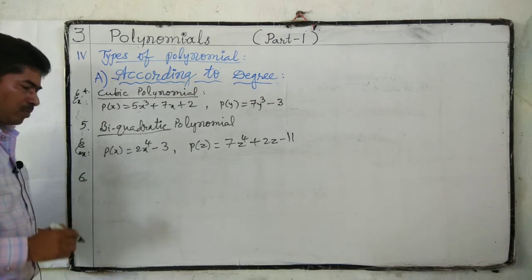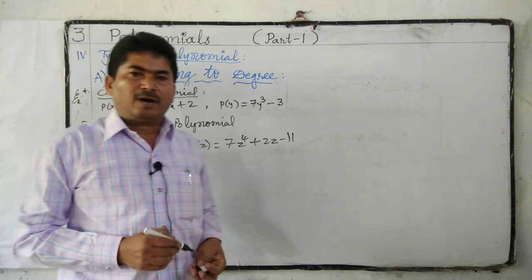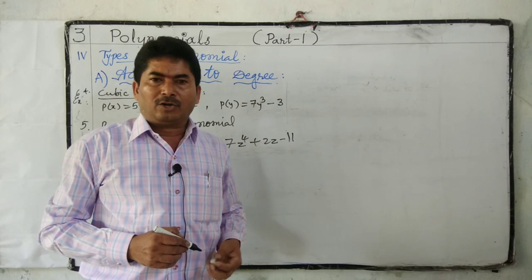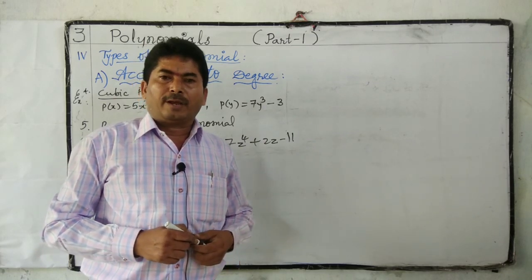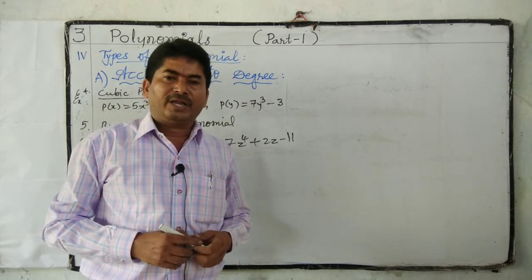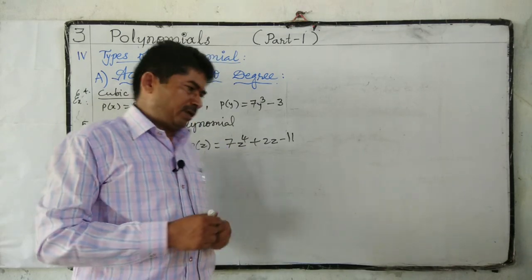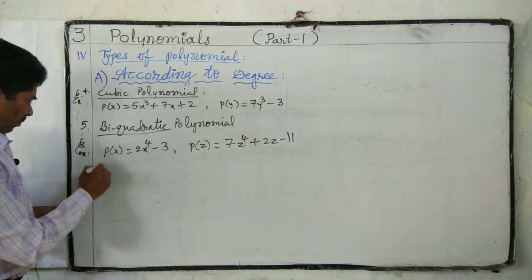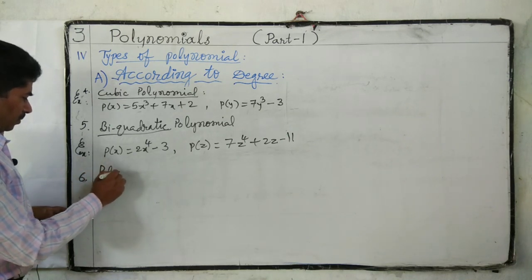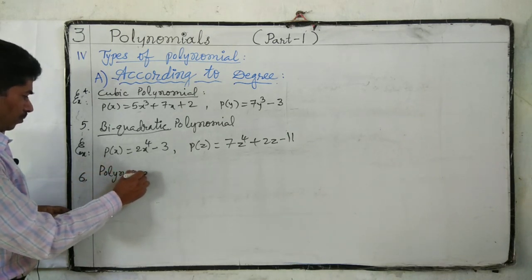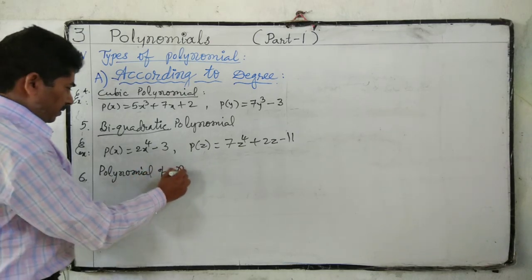Next, polynomial of nth degree, or nth degree polynomial. A polynomial of degree n is called a polynomial of nth degree.